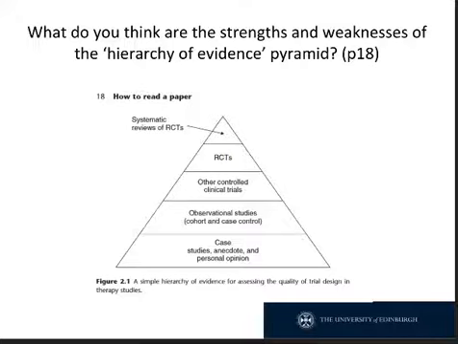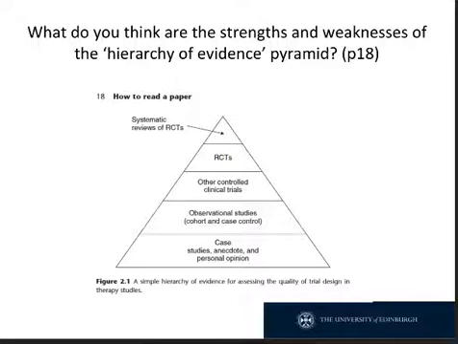For things that are extremely rare, sometimes the best available evidence are case reports. I wouldn't, thinking carefully about the issue or the question that you've got.